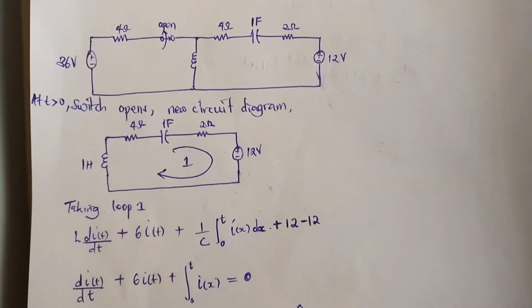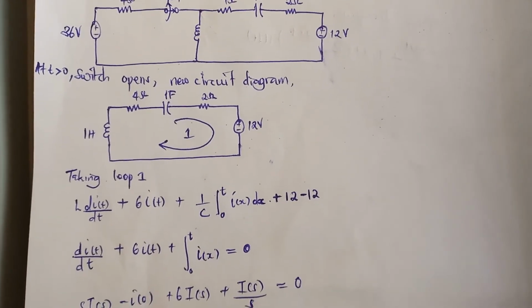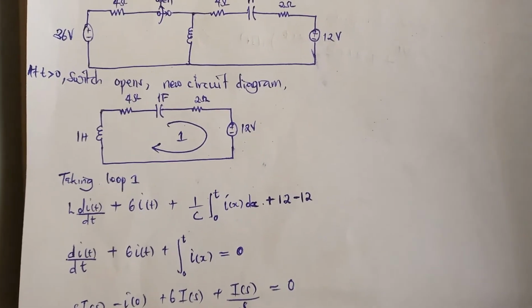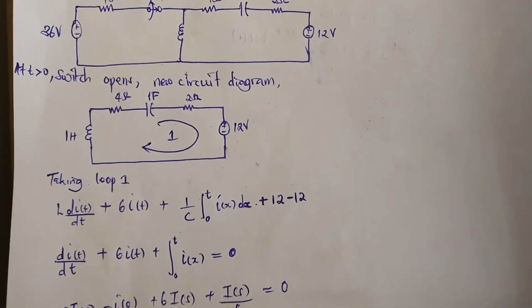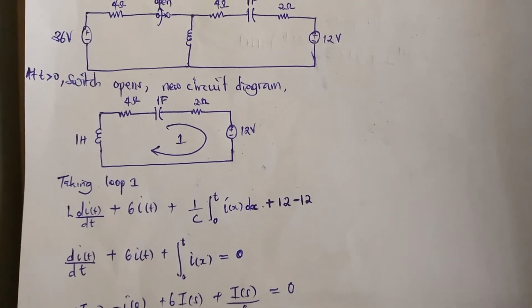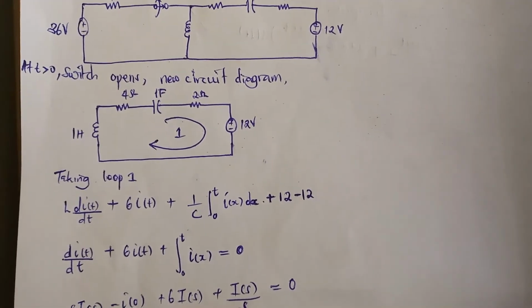Taking loop 1, we have the voltage equation using KVL, Kirchhoff's voltage law.